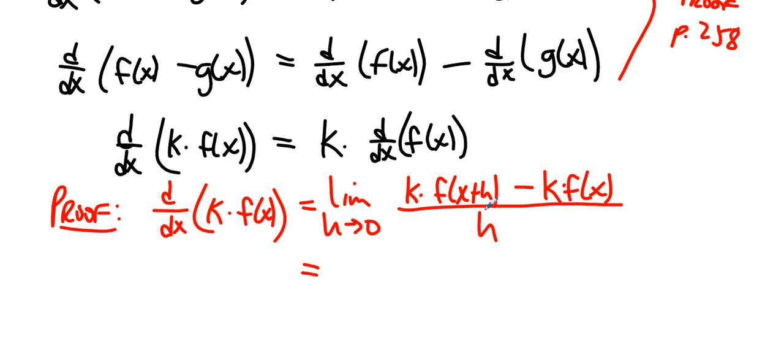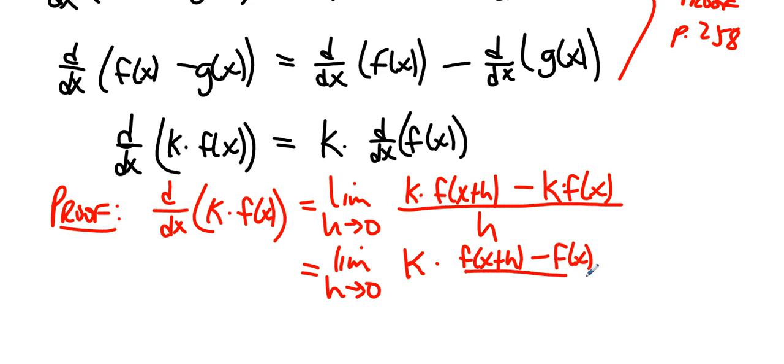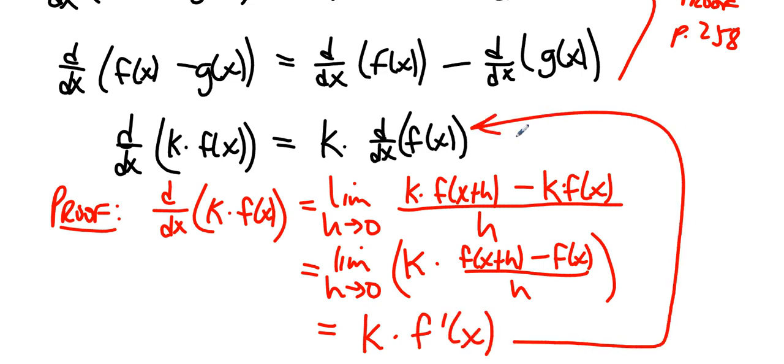Well, that k can come right out as h goes to 0. This constant is unaffected. But what happens to that difference quotient? Well, the limit as h approaches 0 of that difference quotient, that is a derivative. And that's what we wanted it to be. So we have established the result.